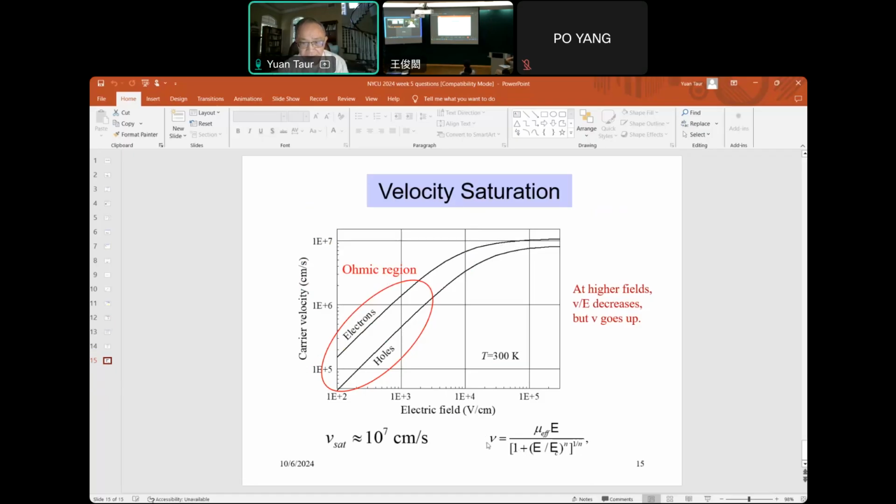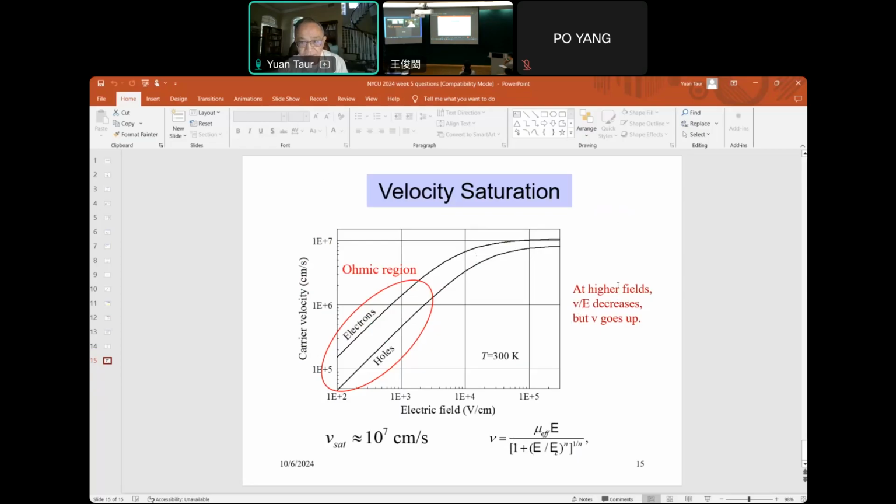Again, we'll cover that in chapter 6 next week. But basically, it says that if the field goes up, then if you define velocity over field, which includes this expression in the denominator, it goes down. But the velocity goes up. So in other words, the current will not go down because current is mainly related to carrier velocity.